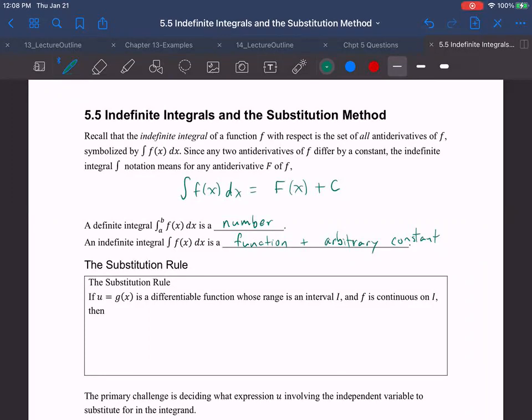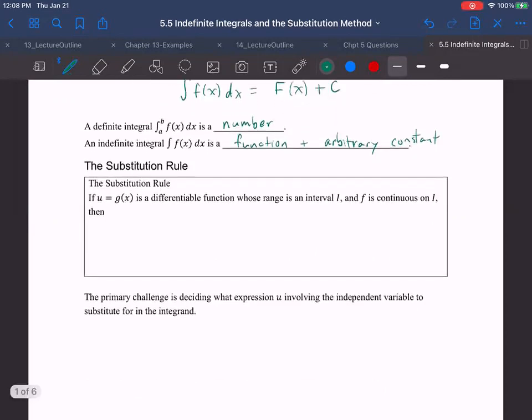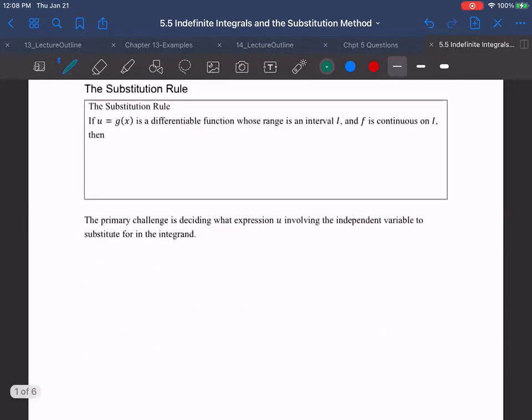And now we're going to look at the substitution rule here. This is a way we can go through and do this.